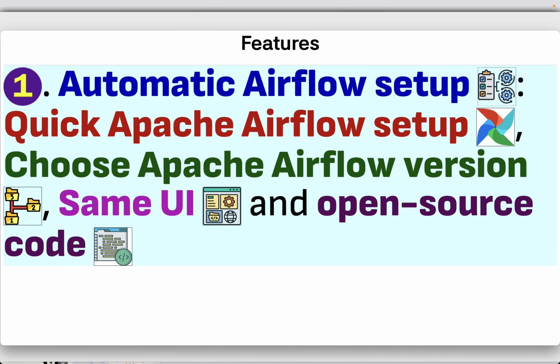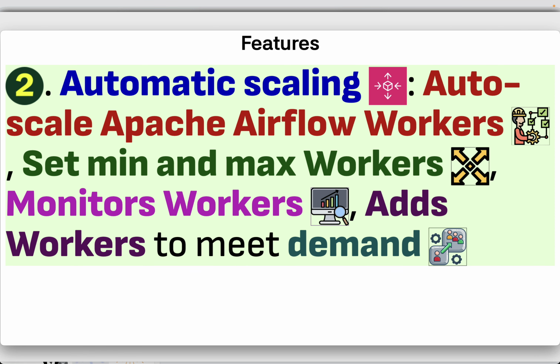So these are the features. You quickly set up Apache Airflow by choosing an Apache Airflow version when you create Amazon Managed Workflow for Apache Airflow. Amazon Managed Workflow sets up an Apache Airflow for you using the same Apache Airflow user interface and open source code that you can download on the internet.